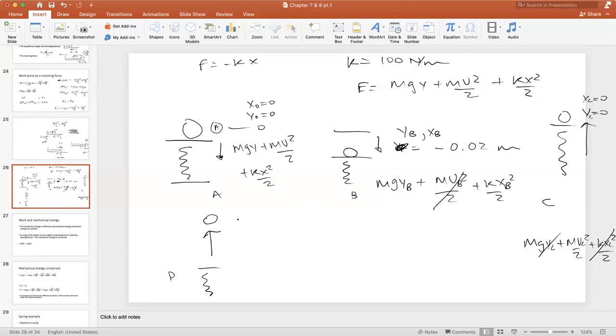Once it goes up to here, let's say my y of d is h. I don't care what h is, it's just some positive number that's greater than 0. Here, I write mgyd plus mvd squared over 2 plus kxd squared over 2.